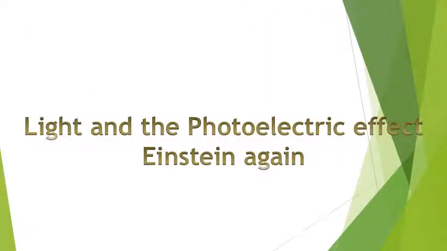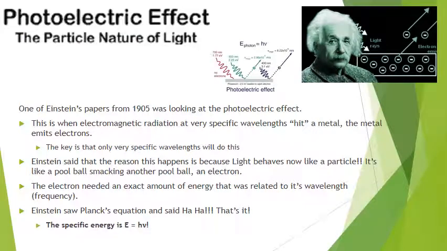Okay, now what we're going to do is start putting things together here. Let's talk about light and the photoelectric effect and Einstein again. I talked about his annus mirabilis papers: there was the Brownian motion, the theory of relativity, and the other one, the photoelectric effect.